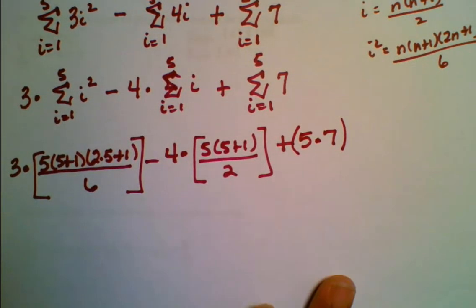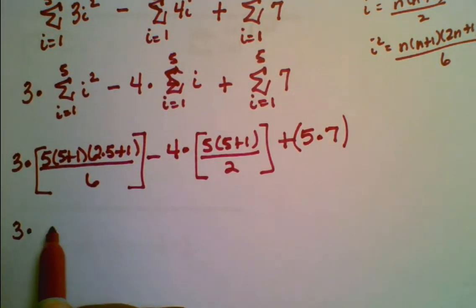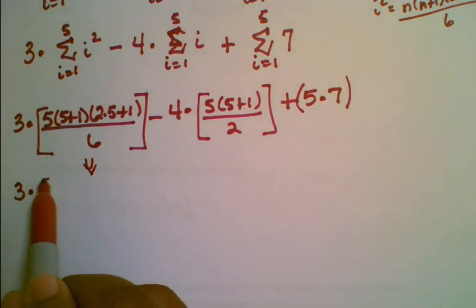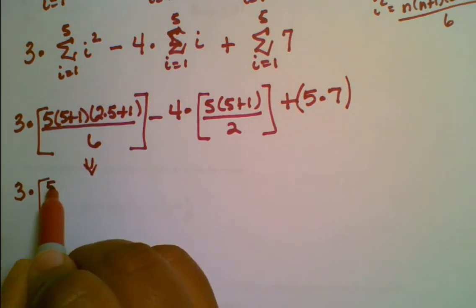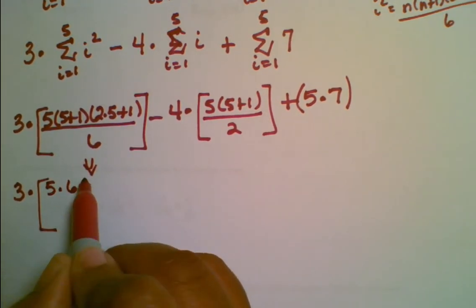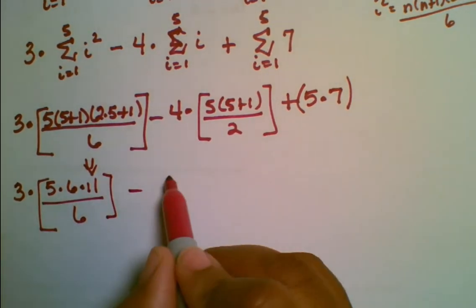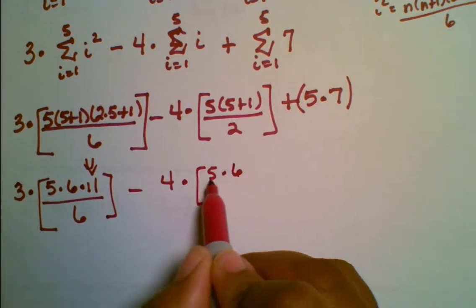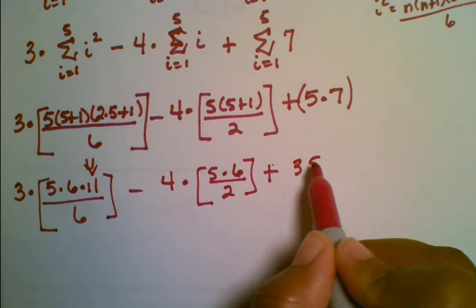So let's work the brackets. So here we have 3 times, okay, this will give us 5 times 6 times 11 all over 6, minus 4 times, we have 5 times 6 over 2, plus 35.